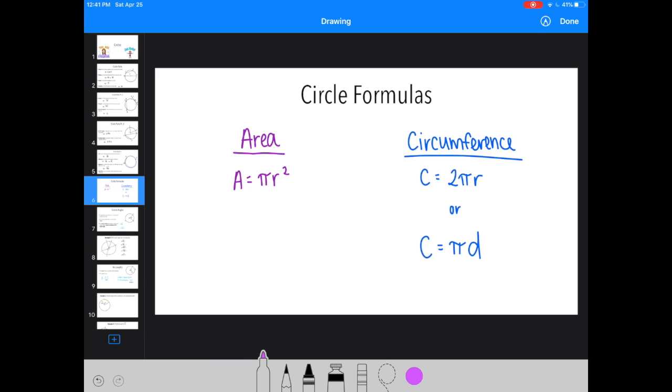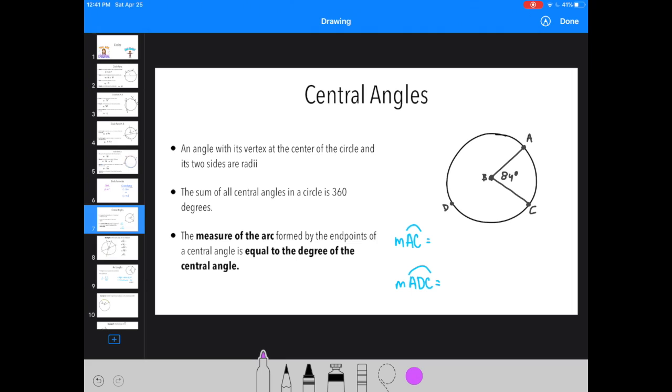All right, so let's actually get into some calculations. Let's do some math. Our central angles, a little bit of refreshers. Our central angle is those angles that meet at the center of the circle, and its 2 sides are radii, meaning those 2 sides are congruent. If we add up all of our central angles, it will equal 360 degrees. So, for example, let's look at this example.